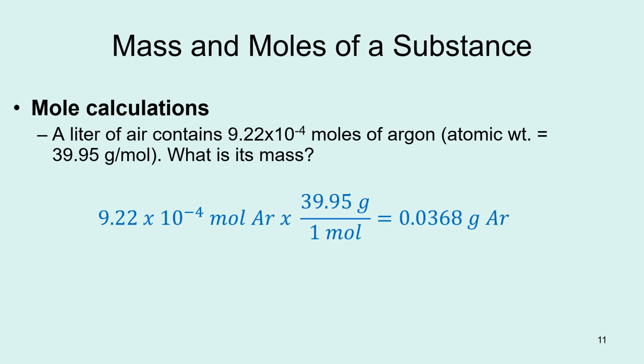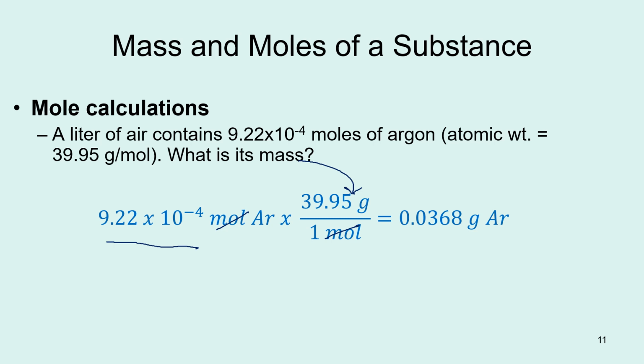So again, I set up a conversion factor. I start with what I know, 9.22 times 10 to the minus 4 moles of argon. This time grams is on the top because that's what I'm trying to find. What is its mass? I want to know its grams. So moles will cancel, so I put 1 mole in the bottom and the mass in terms of grams. So if you line up your units and then make sure you put 1 with the mole and whatever the mass is with the grams, you should have these set up right.